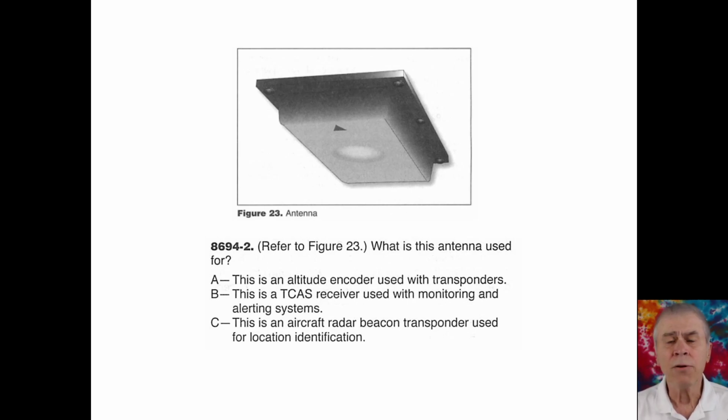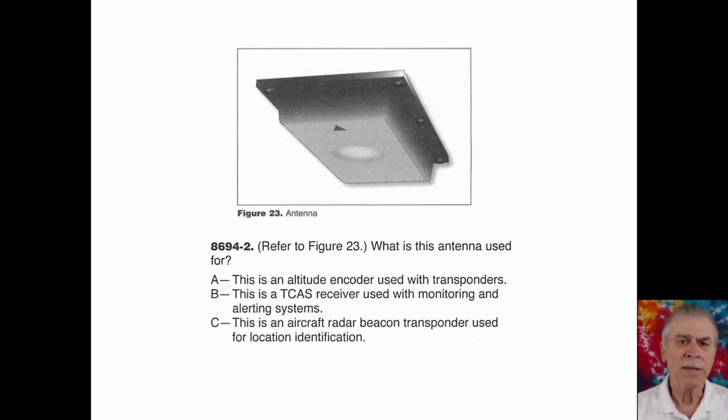I'll basically review your antennas. If this one comes up, maybe this is one you should just pretty much remember. It does look a little bit like an altitude encoder. I guess you can refer to it as an antenna. A little tricky. A TCAS receiver. They're asking what the antenna is.